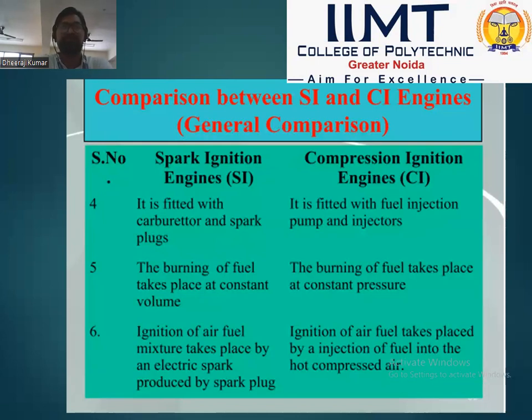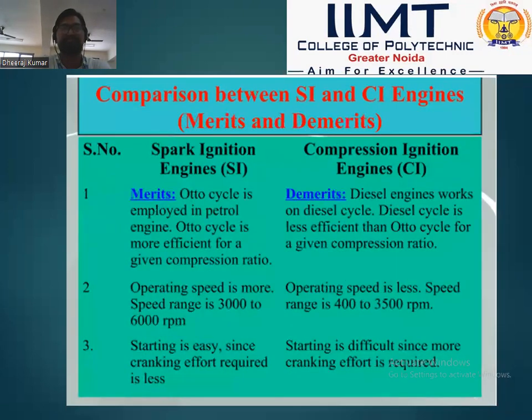Burning of fuel takes place at constant volume in the SI engine, and at constant pressure in the CI engine. Ignition of the air-fuel mixture takes place by the electric spark produced by a spark plug, while in the CI engine ignition takes place by injecting fuel into the hot compressed air.